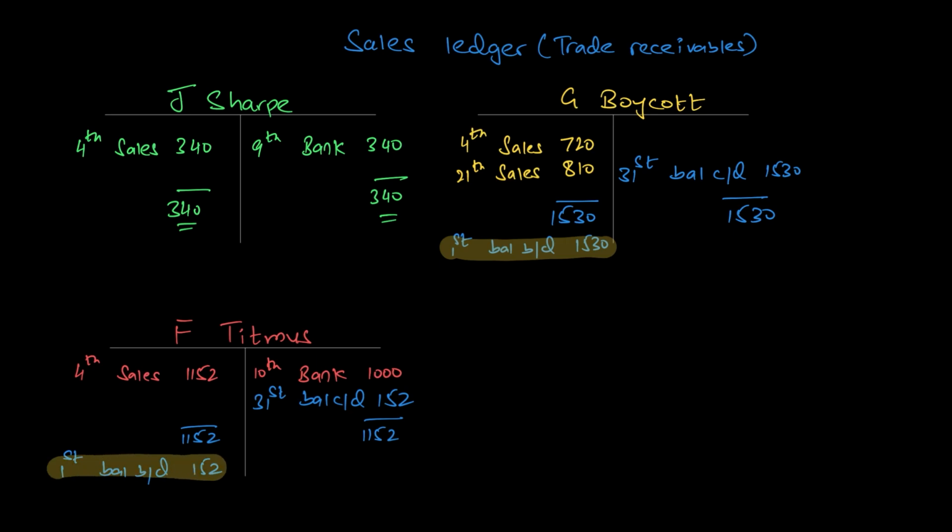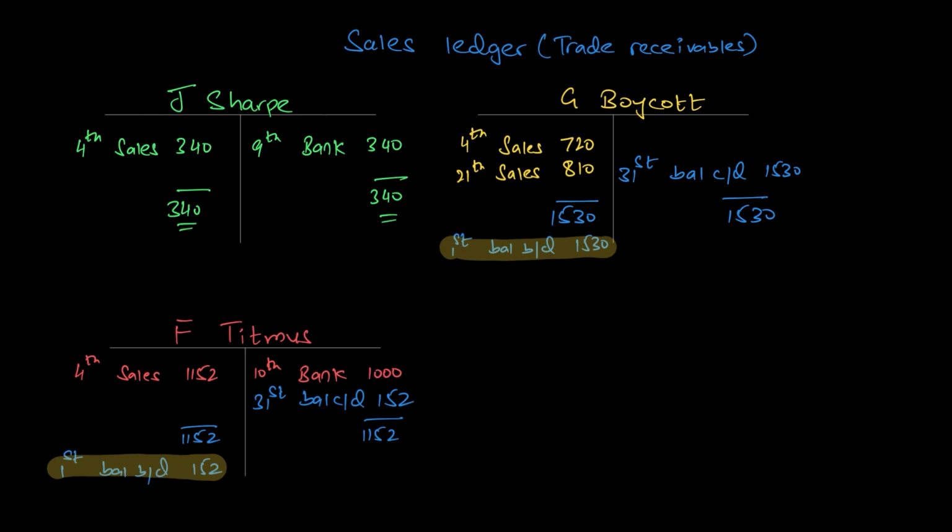So I've highlighted that to be 152 over here. Alright, so we learned how to use balance carried down, balance brought down. They both are the same thing, just they will be shown on the opposite side. So if the balance carried down is on the credit side, you can find the brought down to be on the debit side. This is an asset account, so an asset account should have a balance brought down on the debit side. J Sharp does not owe you anything.